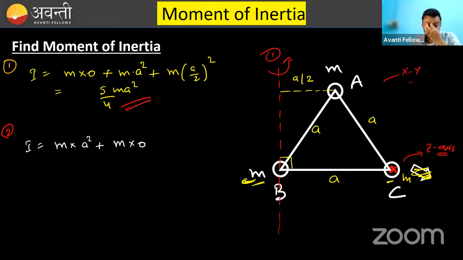Why 0? Because the axis is passing from this point. Plus, there is another point A, which has a mass M, and the perpendicular distance.